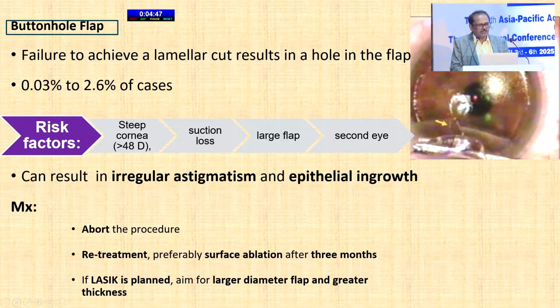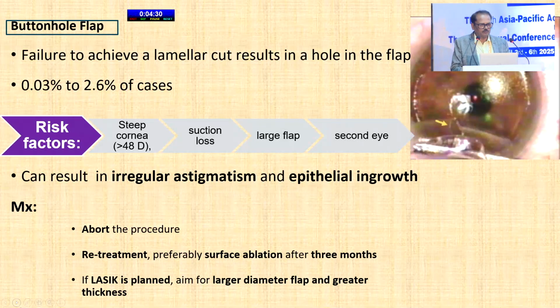Buttonhole happens only when you are again not taking proper preoperative care and intraoperative care. Like if you are planning to do LASIK in a patient who has very stiff cornea, be careful. If there is suction loss, you should avoid that problem of suction loss.